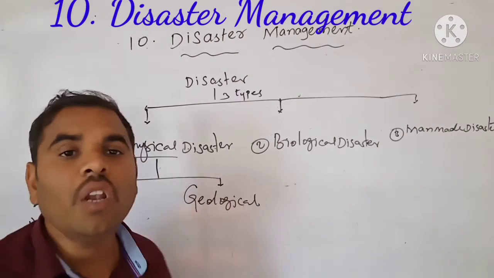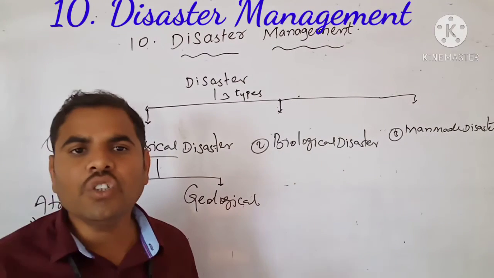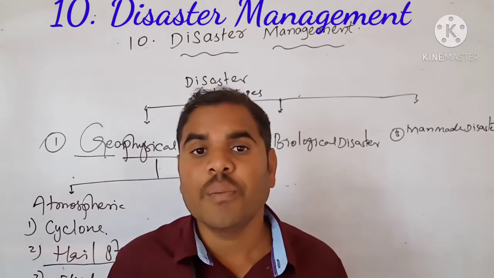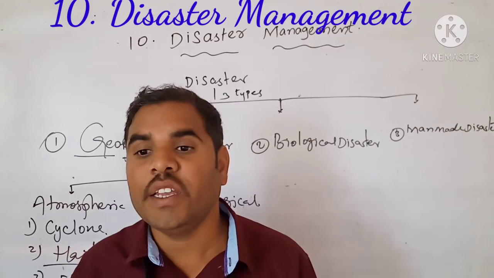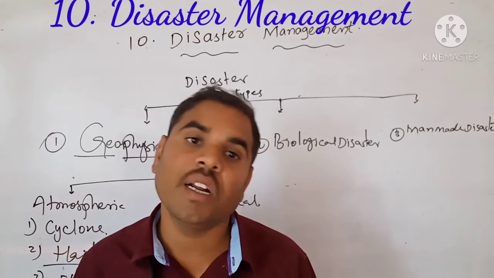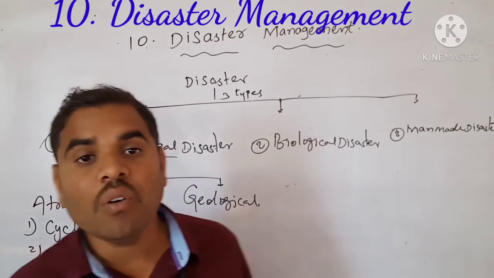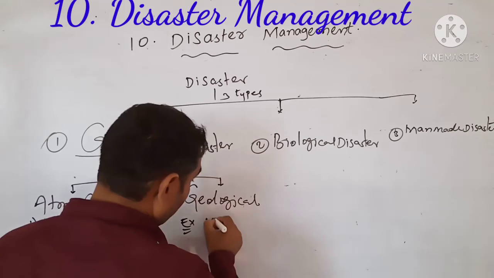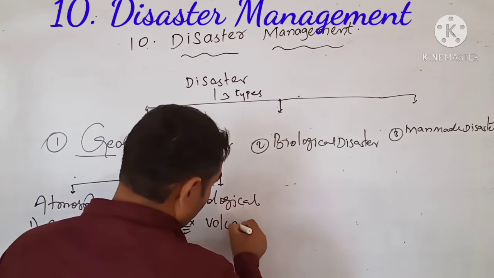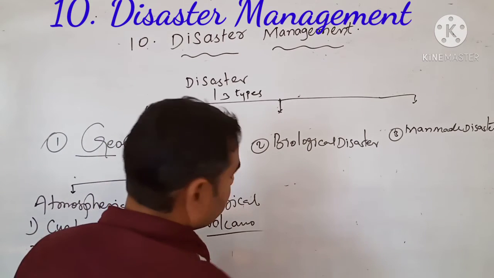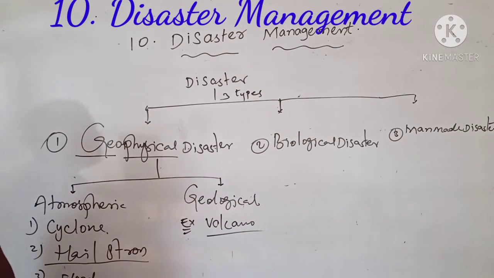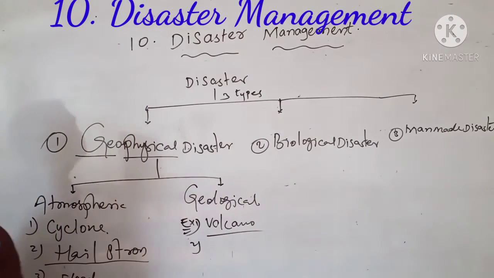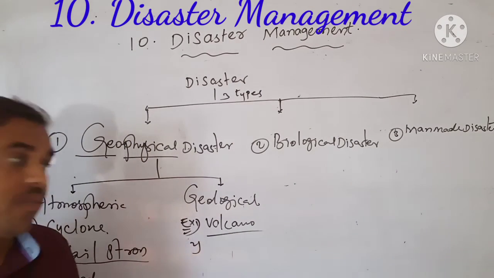Next, geological disasters. The changes that happen in the earth's layers are geological disasters. Examples are volcanoes. It is a type of disaster that comes suddenly. Next, earthquake.